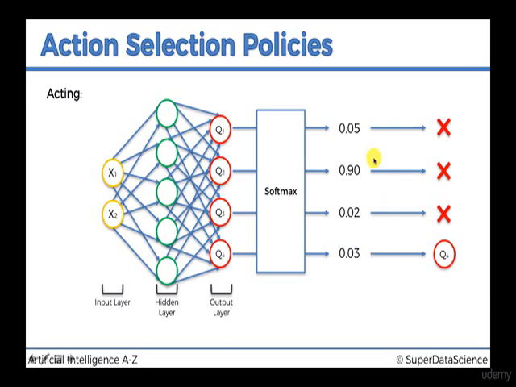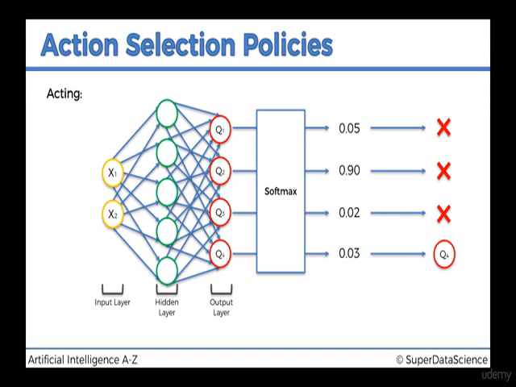We're not just randomly selecting the actions like in the epsilon greedy algorithm, we're selecting them based on their softmax values, which has some logic behind it, based on the Q values that we've explored. And so that's the action selection policy that we're going to be using in this course. You're welcome to check out the epsilon greedy action selection policy if you like, but we're going to be predominantly using the softmax action selection policy.